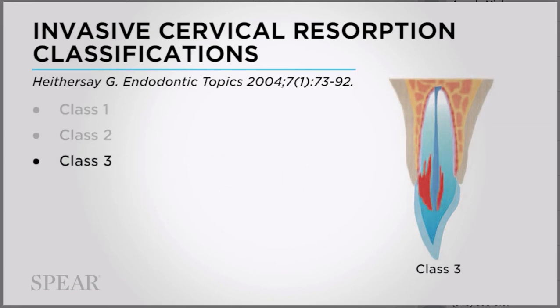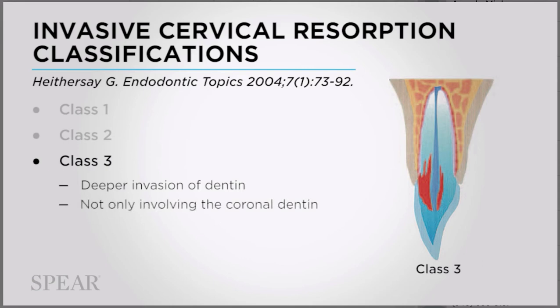As we get into the class 3 resorption, there's a deeper invasion into the dentin that circumvents the canal space and now reaches the opposite side of the canal space. This will show up a whole lot more on a radiograph. It's not only involving the coronal dentin, it's going a little more apically and extending into the coronal third of the root. So it's a lot more extensive than the class 2.